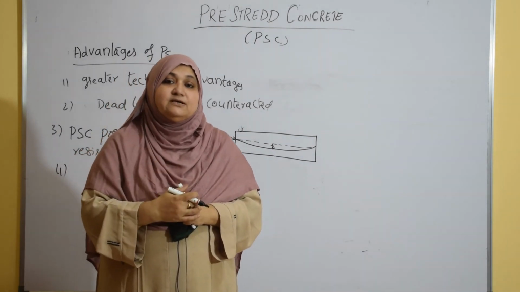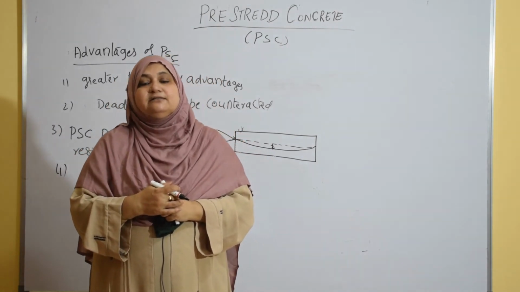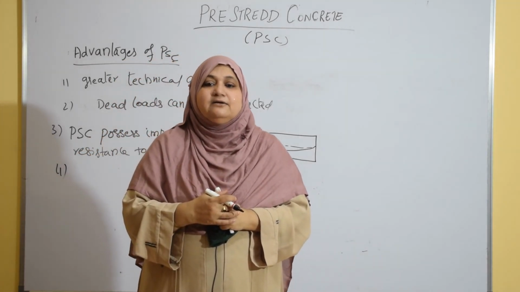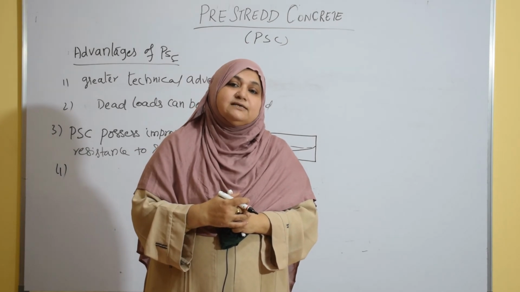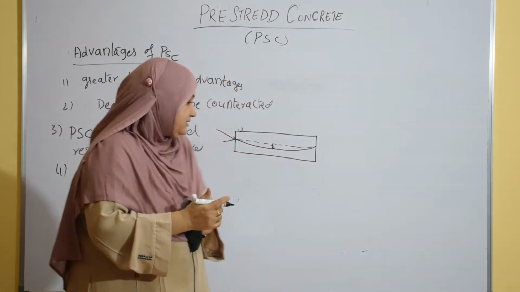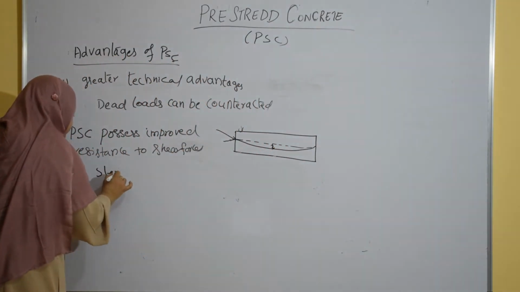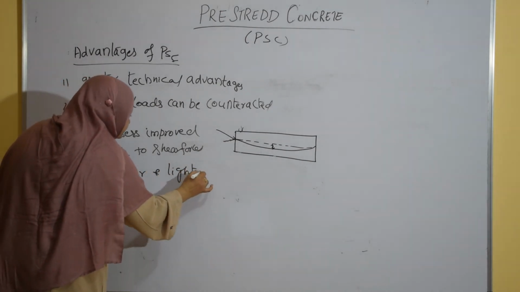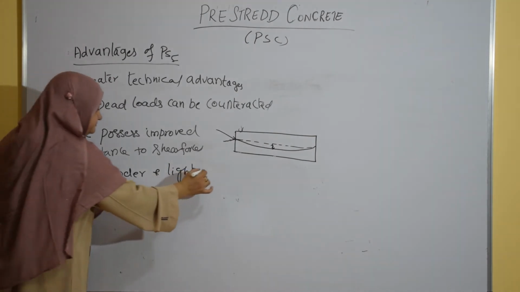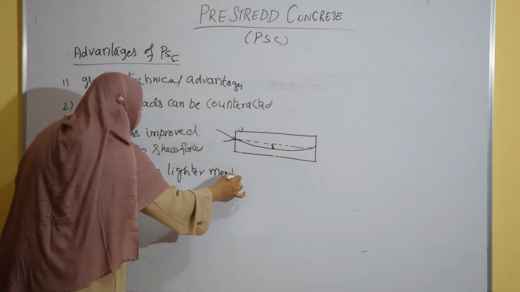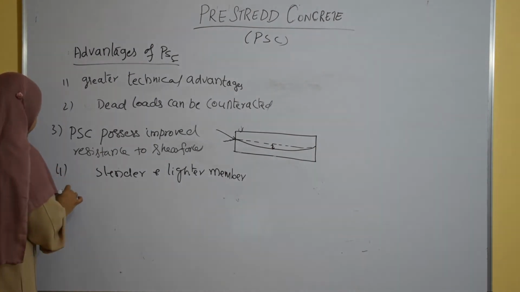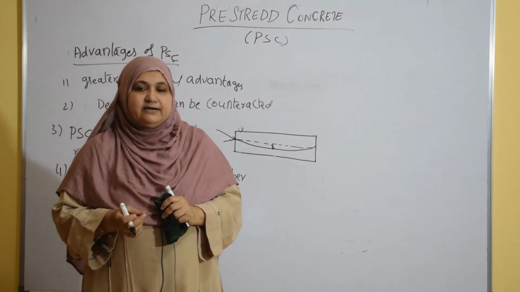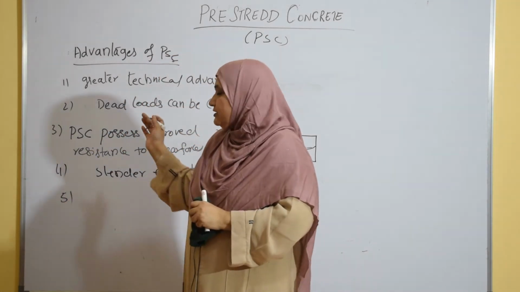Because you are using high strength concrete and high strength steel, the resulting member will be slender and lighter. Again, material can be saved. These are the four advantages.